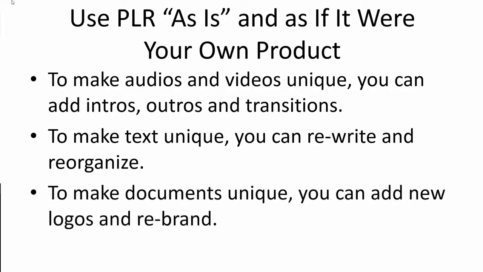Now, to make documents unique, what you can do is add in your logos, you can actually rebrand it, and you can take them as Microsoft Word documents or as word processing documents, and then you can resave them as PDFs, but you can actually do that once you've added in things like logos or different aspects of your particular brand.